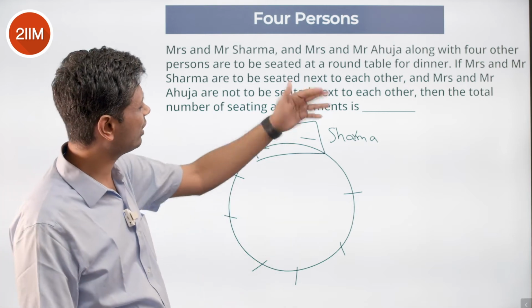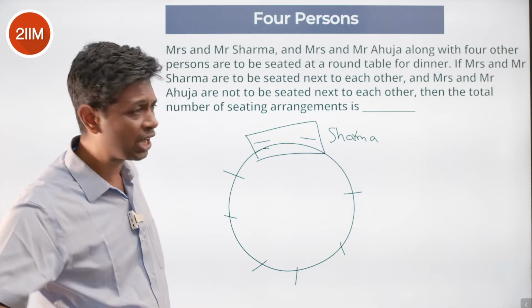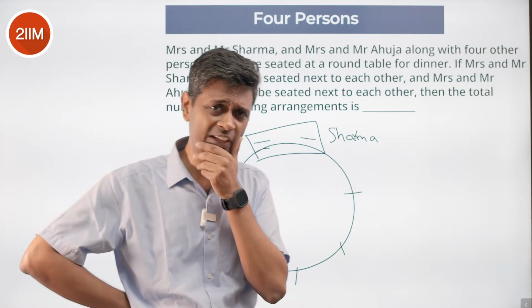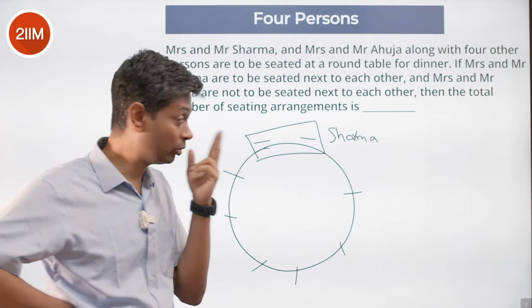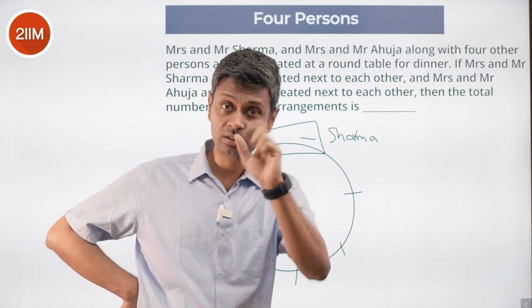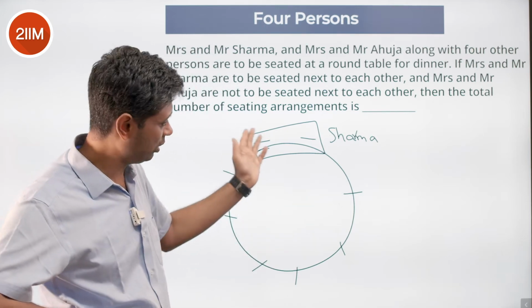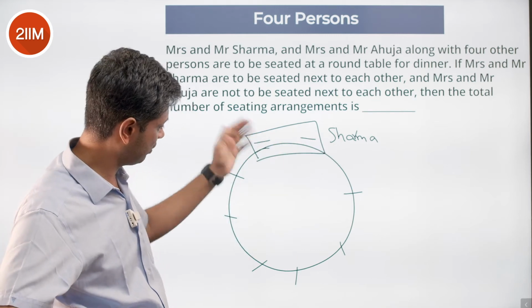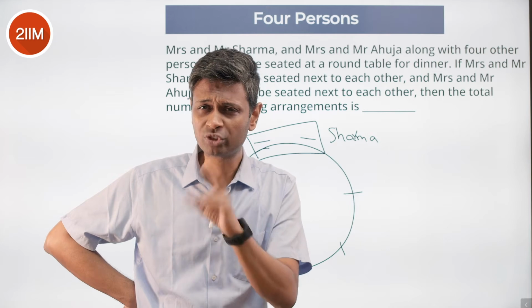Assume the second condition were not there, that Mrs. and Mr. Ahuja are not to be seated next to each other. Then we can say 6 people, 6 seats. Now the circular arrangement idea is not there because the Sharmas are together. They anchor my positioning. I'll have 1 position to the left, 2 positions to the left, up to 6 to the left. Out of this block, I'm through: 6 factorial.